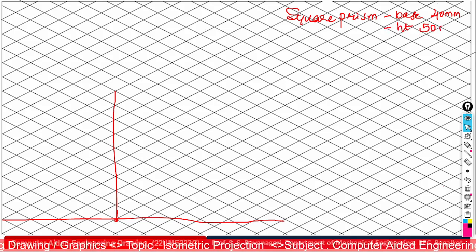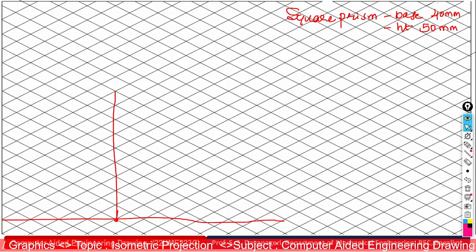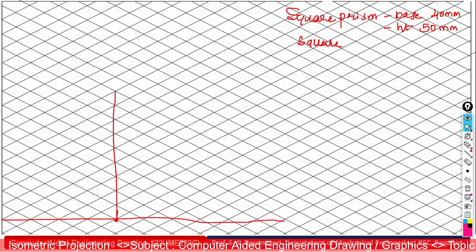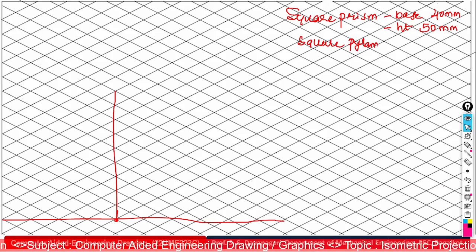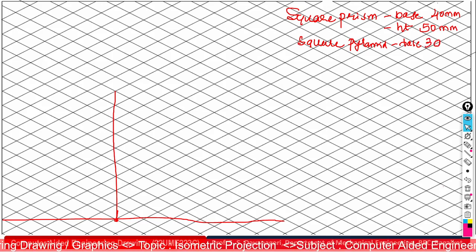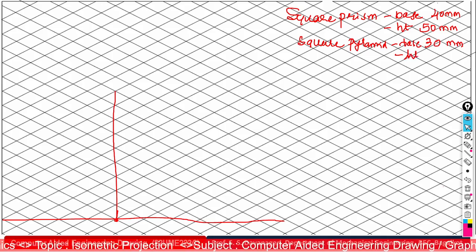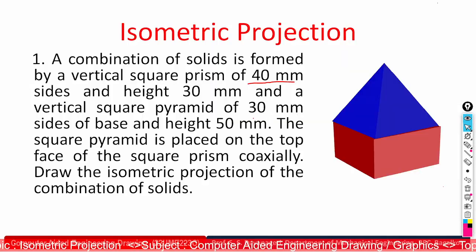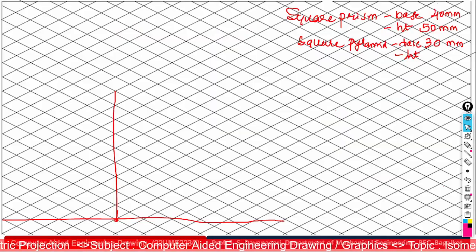Next you have a square pyramid. The base is 30 and height is 50.